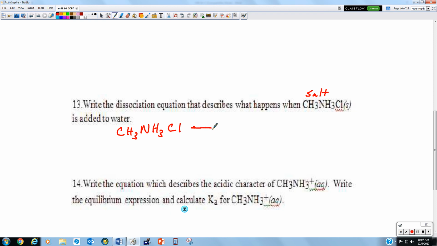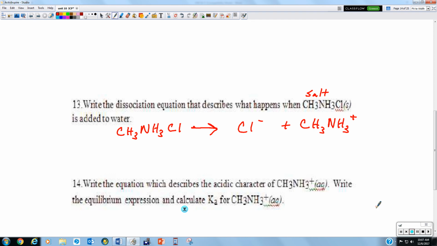The dissociation reaction is just going to break it up into its ions. So it's kind of like a net ionic equation. We know that the Cl is going to form a negative ion, right? And that means that our amine group is going to be our positive ion.